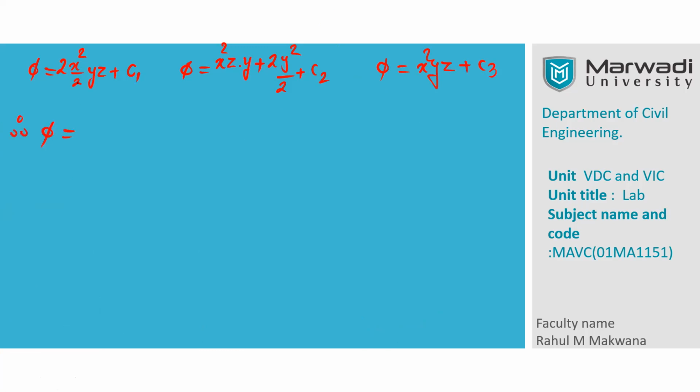Together phi is equal to x square yz plus this y square only, and we have c1, c2, c3, that is the c, is the required scalar potential function.